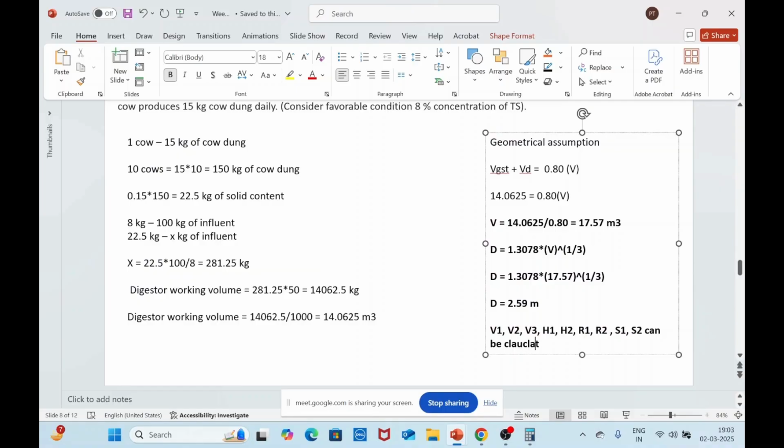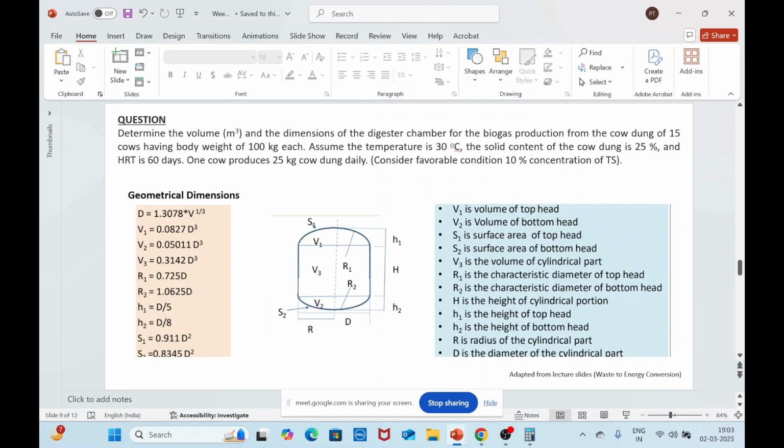So you just need to use the formula to calculate the dimensions of the digester. I'm going to leave this for you to solve, because you just need to plug in the values to calculate the answers.